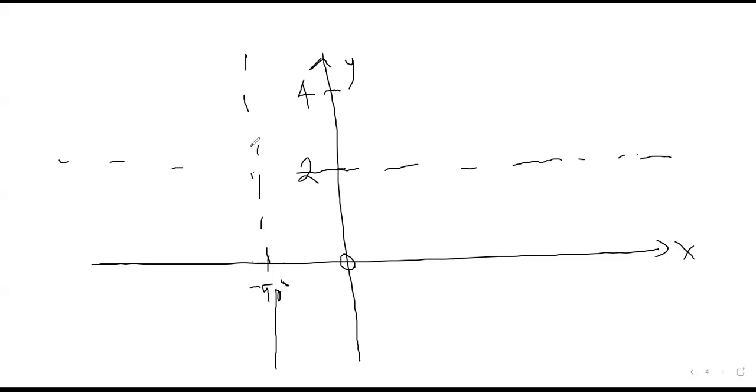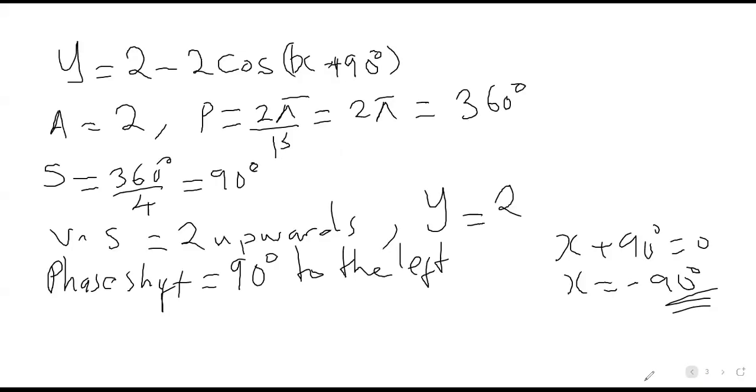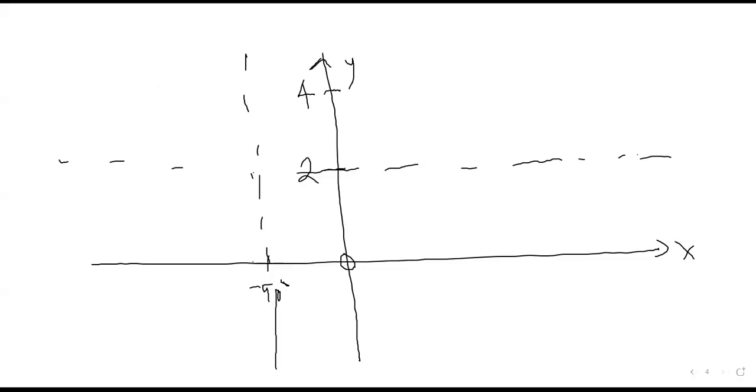So what about the values of x? You have to go to your starting point. This is the most important, negative 90. So from negative 90, you start increasing by what? By the scale. Your scale here is 90 degrees. So let's suppose the graph was shifted by 45, it was x equals negative 45.